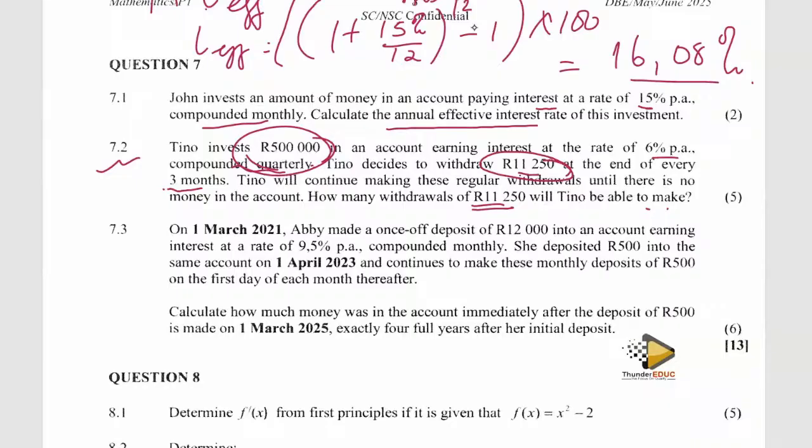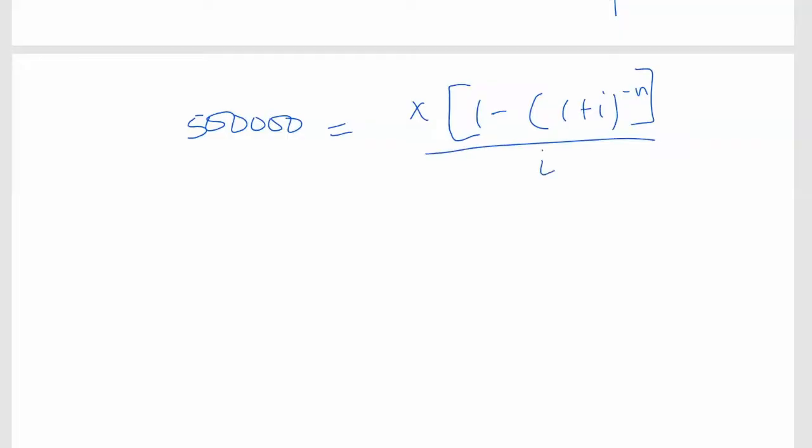So let's go this side, meaning that the amount that we're looking at, which is the 500,000, will be equivalent to, I'll use the formula of the present value, which is x times (1 minus (1 plus i) to the exponent of negative n) over i.